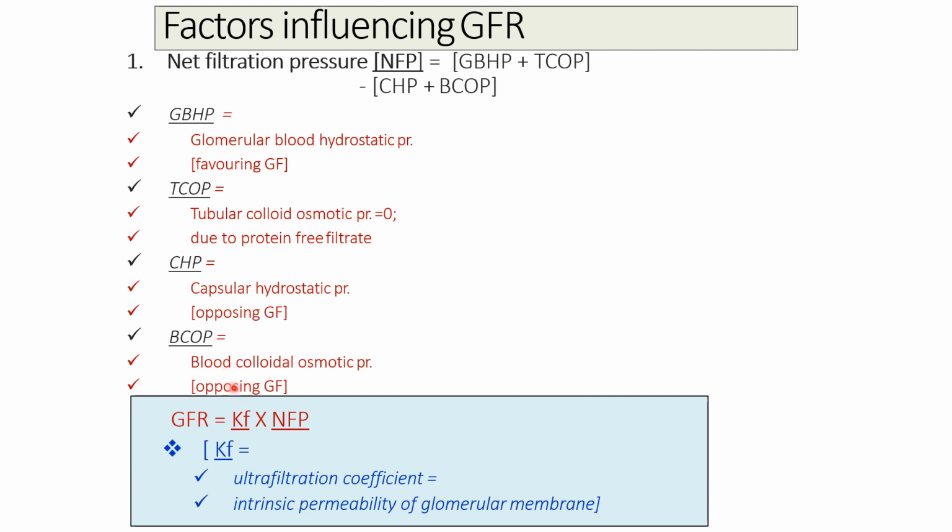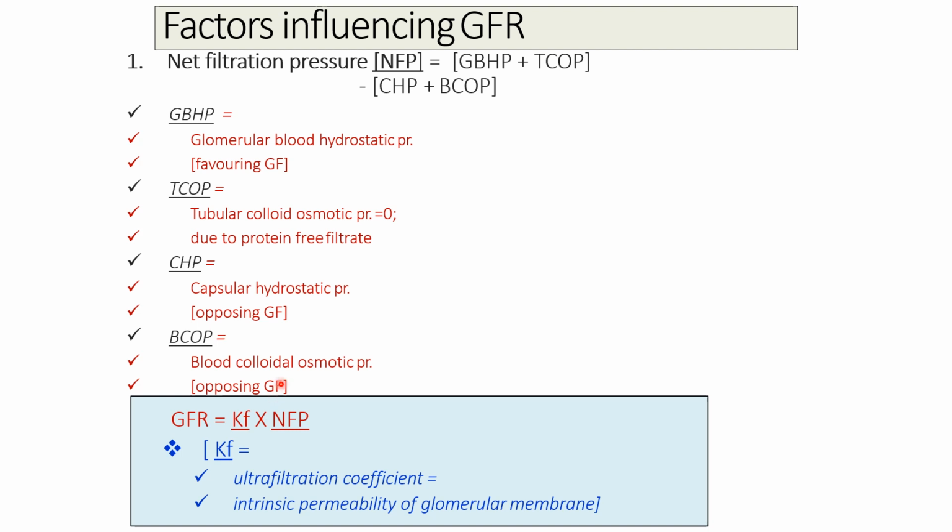And next is blood colloidal osmotic pressure. This is the capillary colloidal osmotic pressure, or oncotic pressure, in the glomerulus. It also opposes glomerular filtrate, because proteins or the oncotic substances attract the fluid; they want the fluid inside.